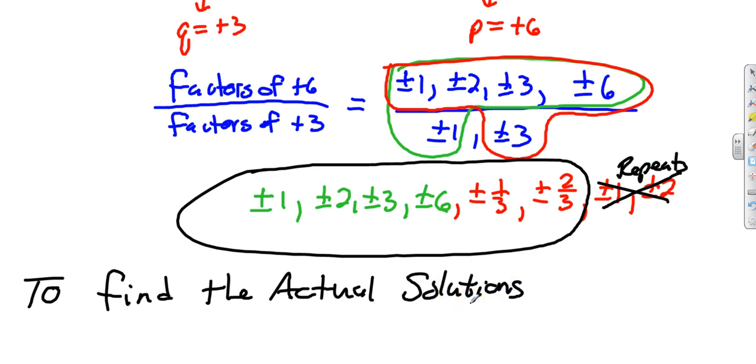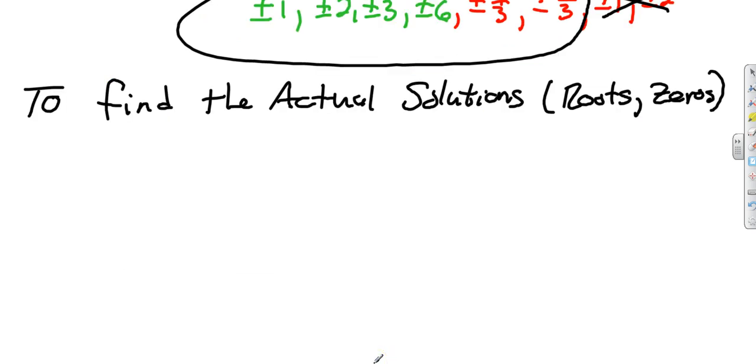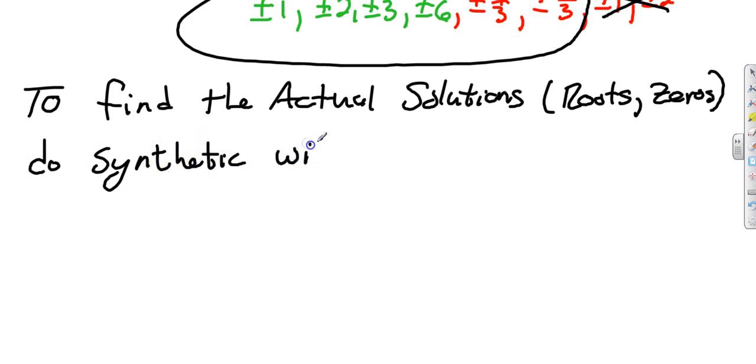And again, sometimes they don't say solutions, sometimes they say roots. Sometimes they'll call them zeros. Answers, whatever you want to call it when we're going through this thing. Solutions, roots, zeros, intercepts, whatever they call those things. To find the actual solutions, do synthetic division with the possible solutions.